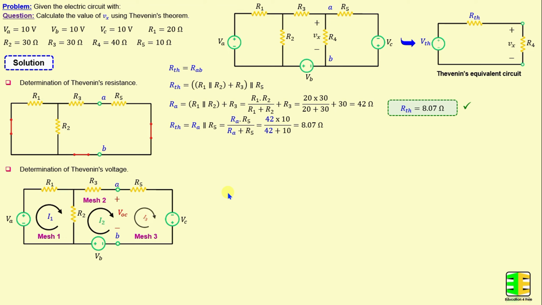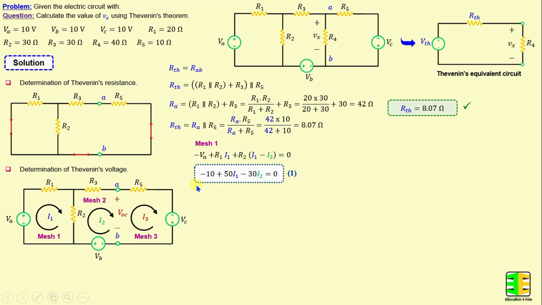In mesh 1, we can write, by applying Kirchhoff's voltage law, negative VA plus R1 times I1 plus R2 times I1 minus I2 is equal to 0. And if we replace the resistors and the voltage with their numerical values, we obtain negative 10 plus 50 times I1 minus 30 times I2 is equal to 0.